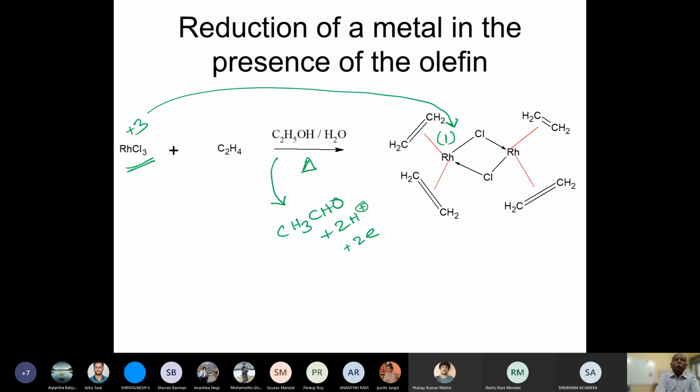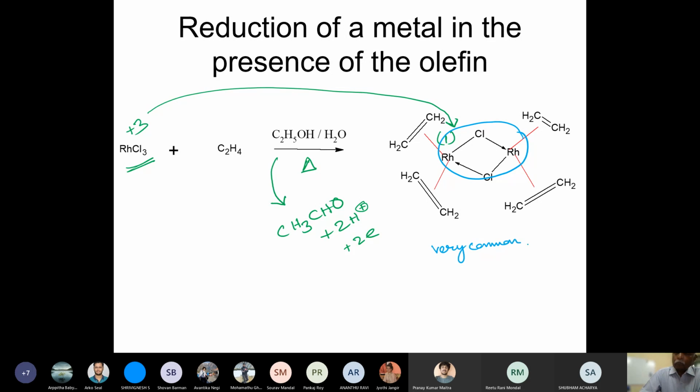So that's how you're balancing the charges and the protons and the electrons in this reaction. So this complex has got rhodium in plus 1 oxidation state. This particular framework is very common.